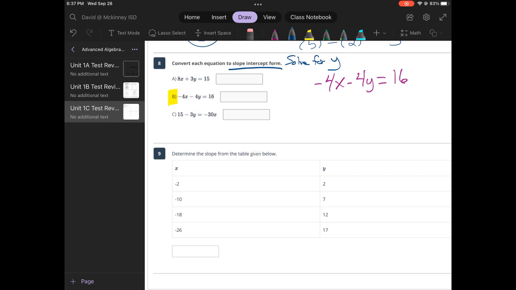And so I have to add 4x. If I put minus 4x on the other side, that's going to be wrong. So I proceed forward. As I do, I will write plus 4x on both sides.